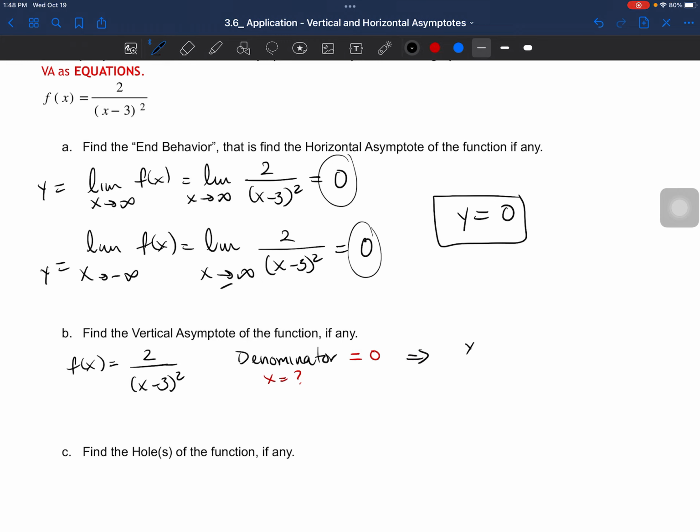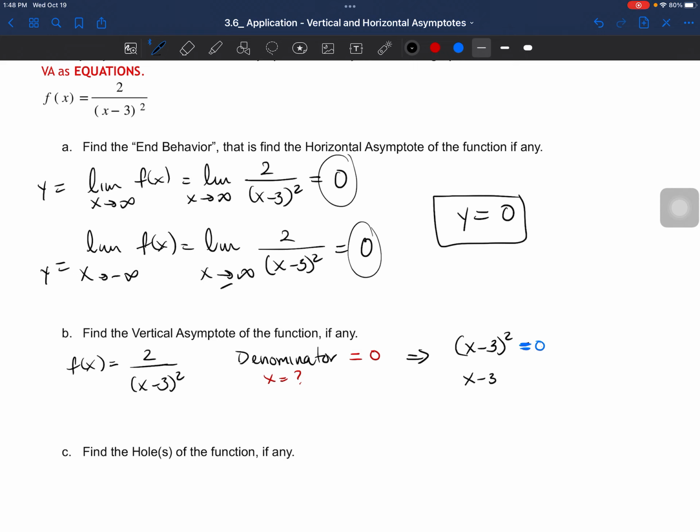So what x values make the denominator be 0? By doing that, we're going to find where the function is undefined, which makes the whole function undefined.